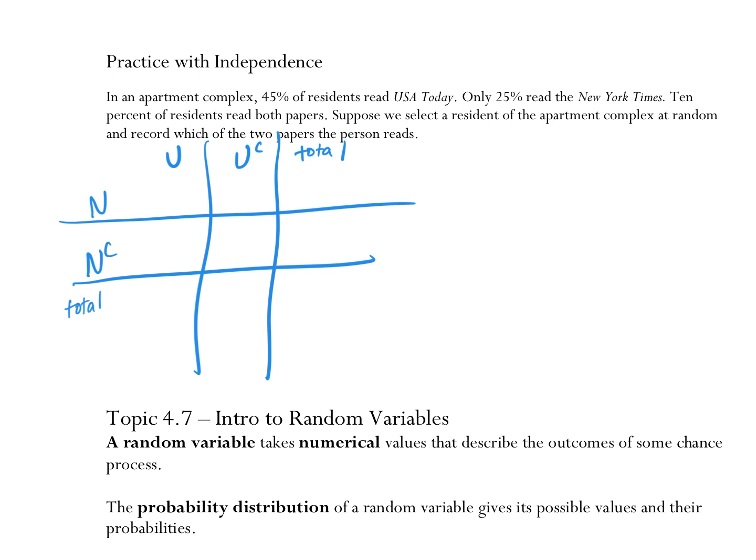Tell me everything I know. Read the New York Times. So that would be my total for the New York Times. What does that mean the total for not reading the New York Times is? 75.